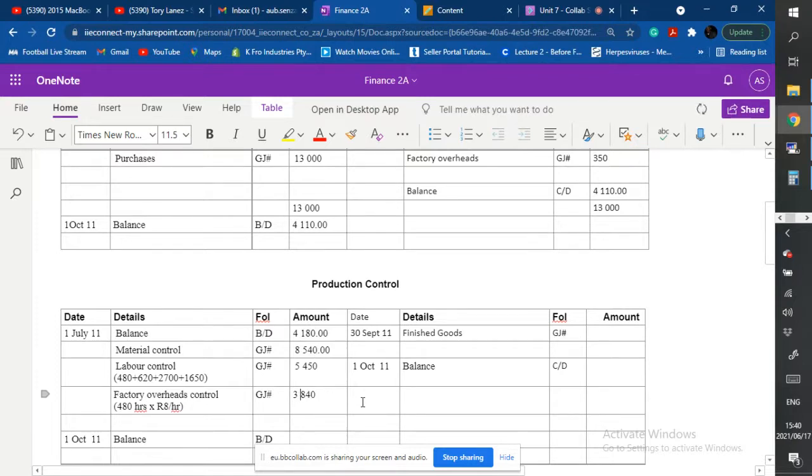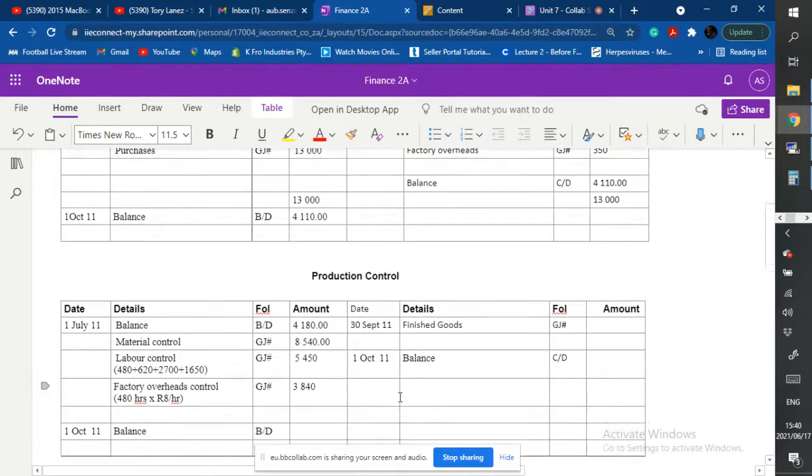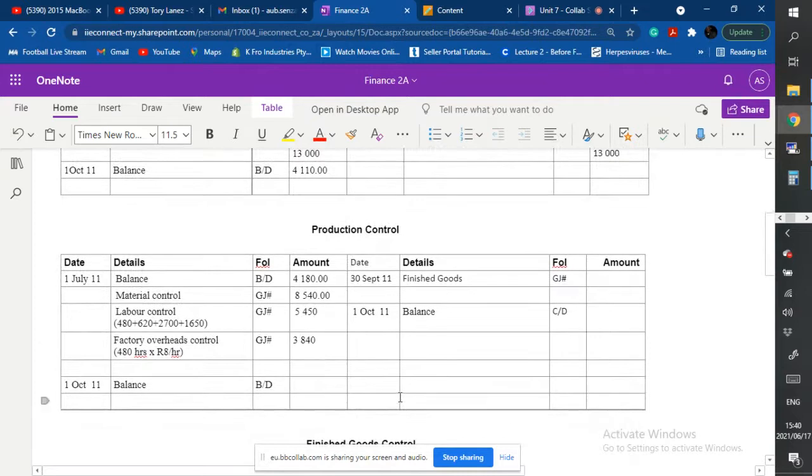So we've got one side. Now, here's the tricky bit, because now you're asking yourselves, okay, but we don't know how much we're posting to finished goods because they haven't told us. And we don't know how much we are supposed to actually have in balance carried down. So remember, what we post to finished goods is complete work.